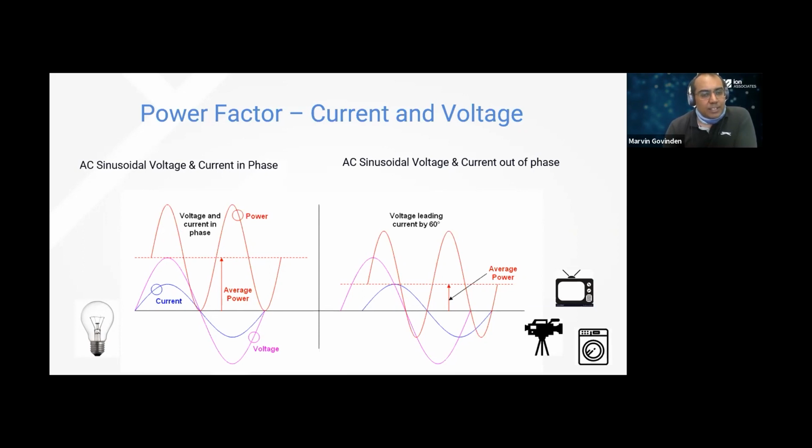We can shift the current waveform in relation to the voltage. So if you put them into antiphase, we're getting a real power delivery of 0. And what we try to do is correct for that phase shift. We want those two things as much in phase as possible. And for many standards, we need to have a good power factor rating where they're almost in phase, above 90%, we'd say.